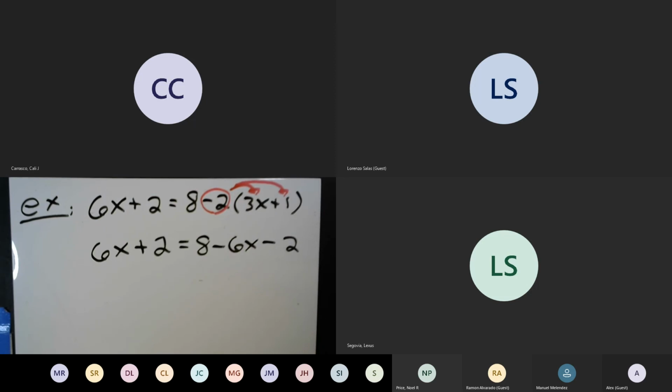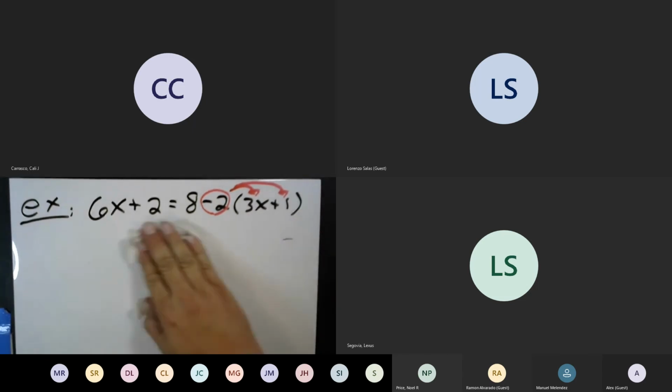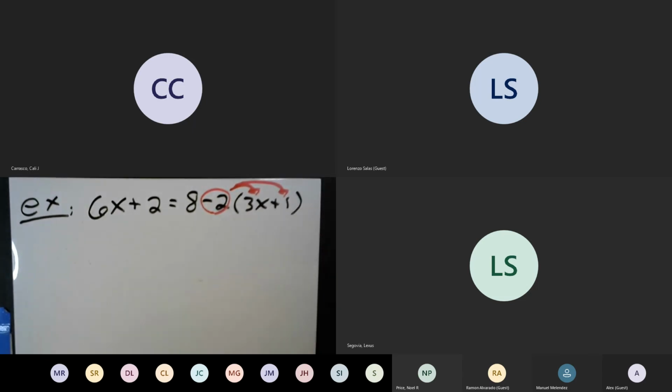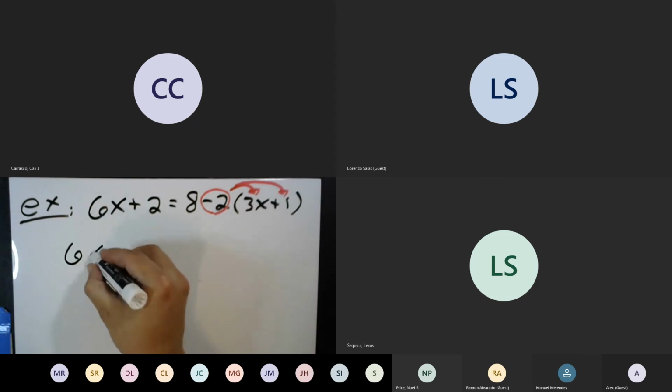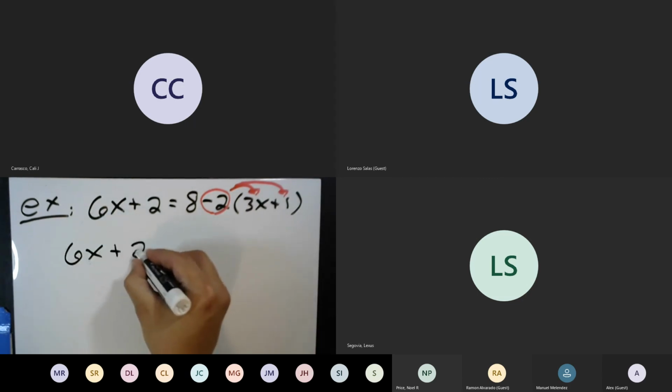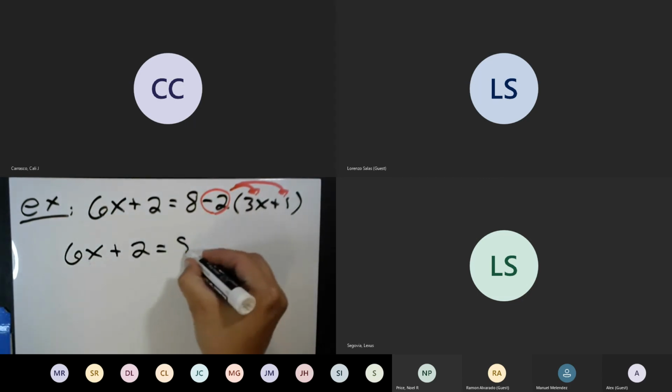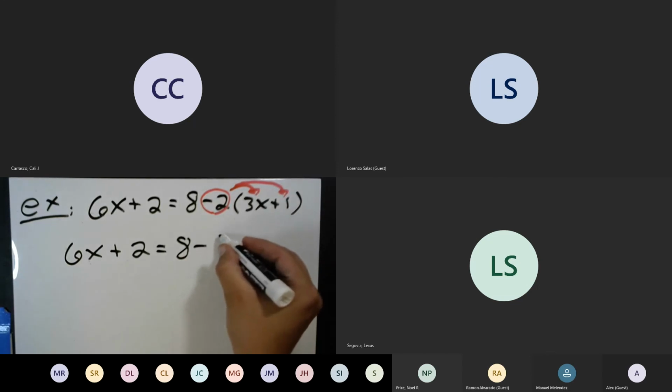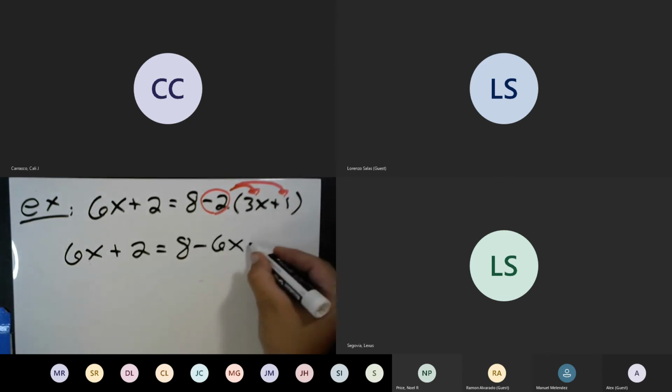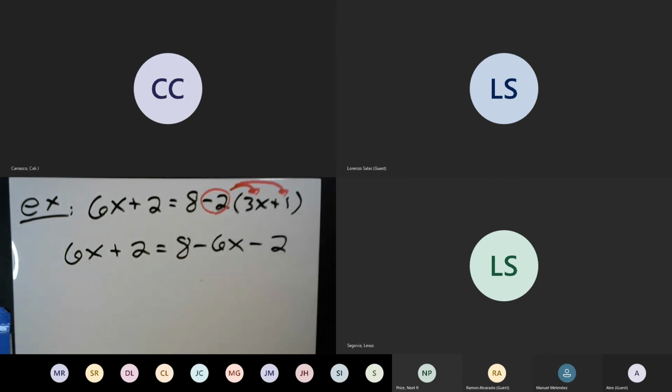So now we're going to combine. And here I'll write this again. So if you wrote that note down, you would write this below the note. So I want to get the 6's on one side.